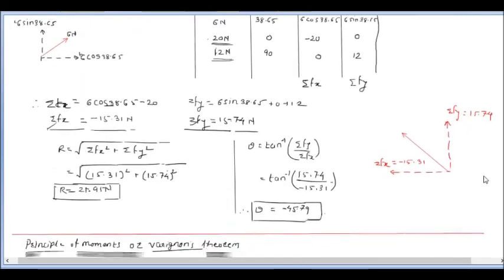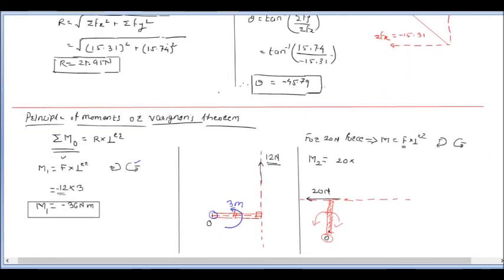It means in our formula we can simply multiply by 2 meter, and according to clockwise or anti-clockwise movement we came to know that it is moving in the anti-clockwise direction. So that's why this should be minus, that is equal to minus 40 Newton meter. So the M2 value we also got here as minus 40 Newton meter.